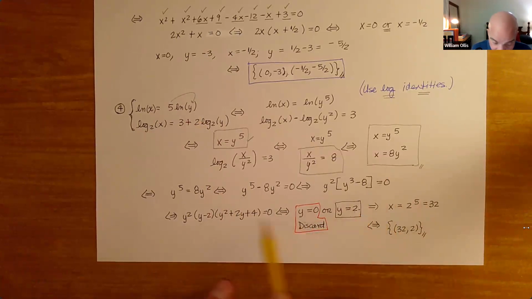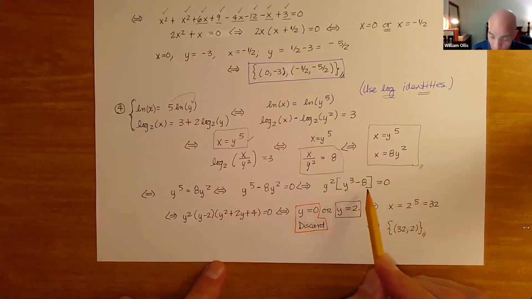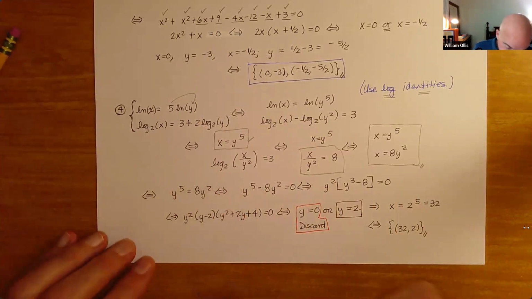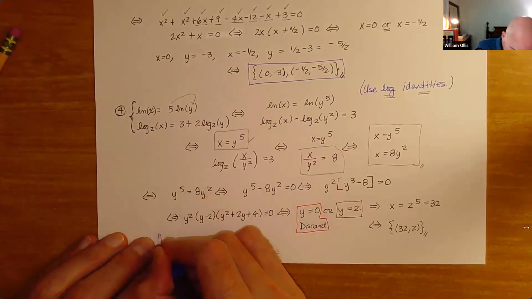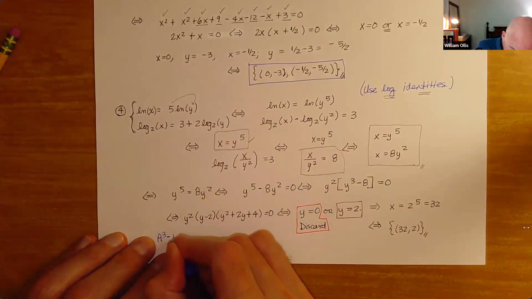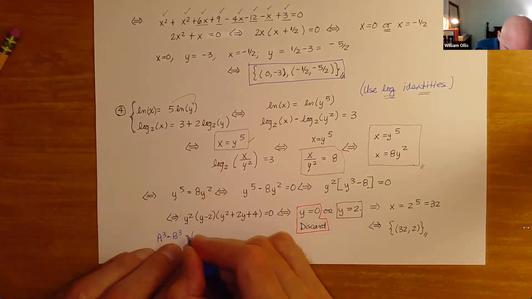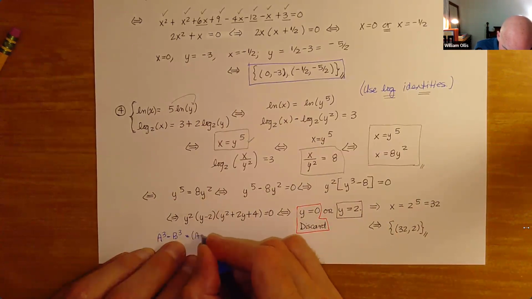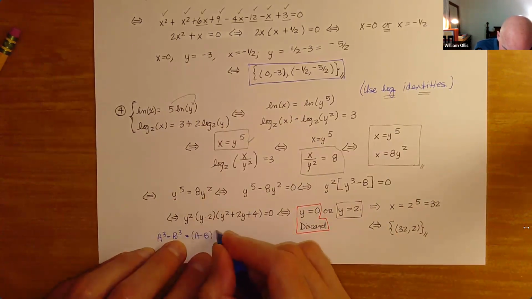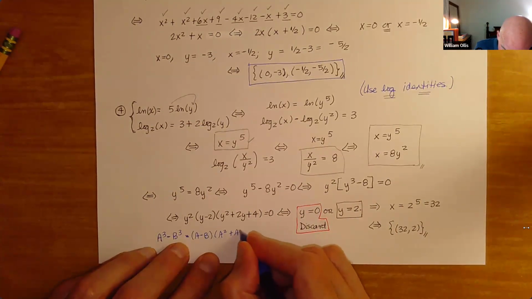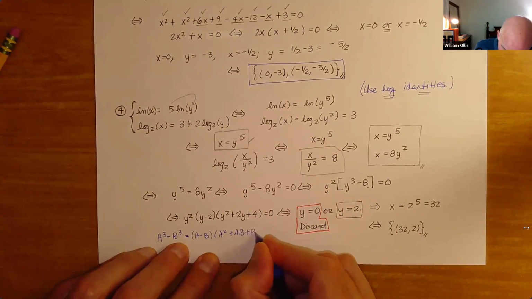Now, again, we have a difference of cubes, so that would just be y minus 2 times y squared plus 2y plus 4. Again, our friend, right? Let's write that down. a cubed minus b cubed equals a minus b times a squared plus ab plus b squared.